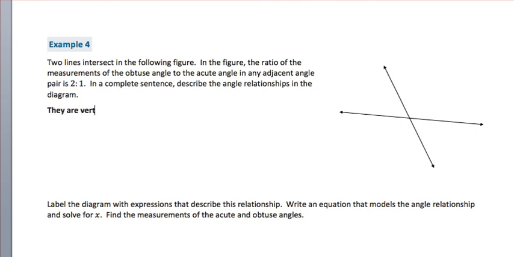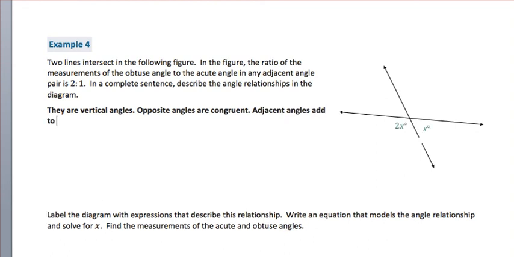They are vertical angles and opposite angles are congruent. Adjacent angles add to 180 degrees.